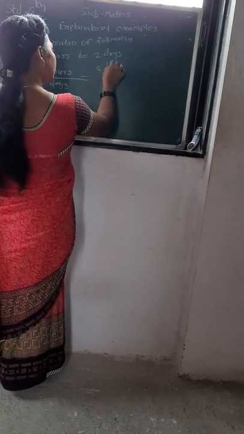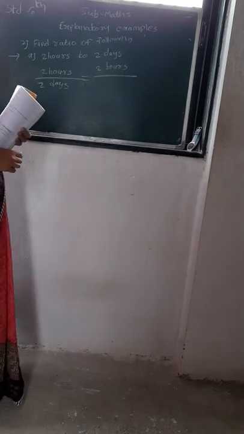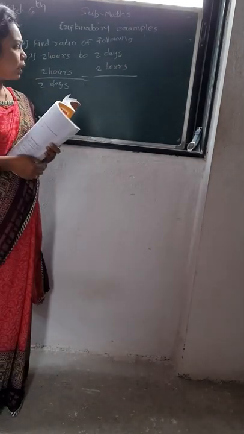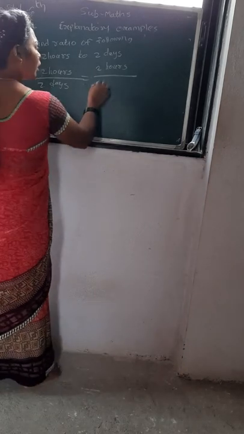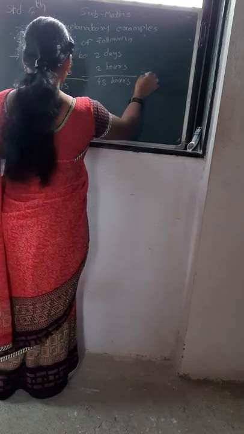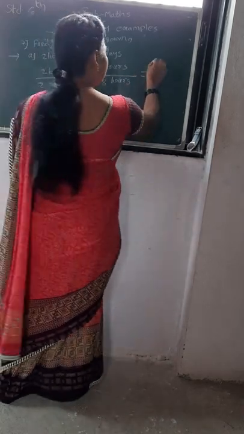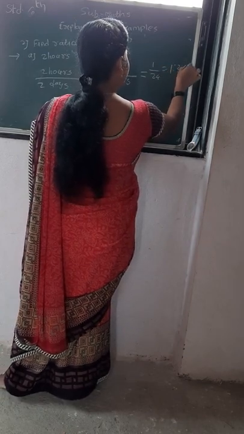One day gives 24 hours, then 2 days gives 48 hours. So the ratio is 2 divided by 48, which is 1 divided by 24 or 1 to 24.